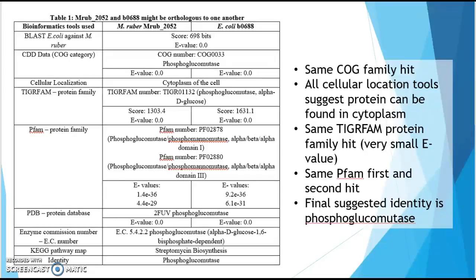Here it can be seen that both genes matched up to the same COG family, which was COG0033, with very, very small e-values again. Also, a number of different cellular location bioinformatics tools were used to help determine the location of the proteins that these genes code for, and all of them, for both MRUB2052 and B0688, concluded that their protein most likely is in the cytoplasm of the cell.